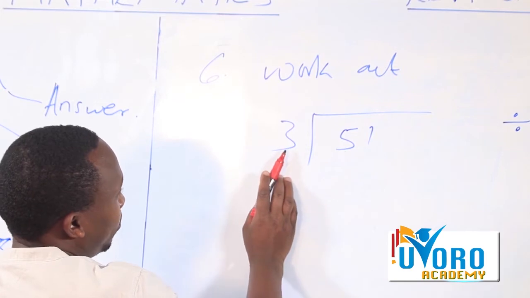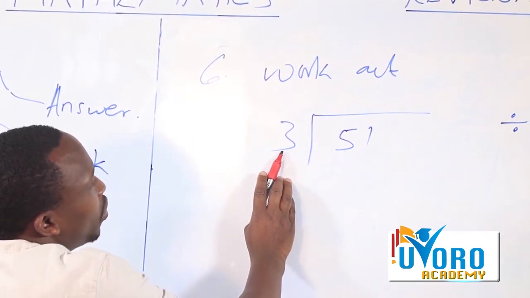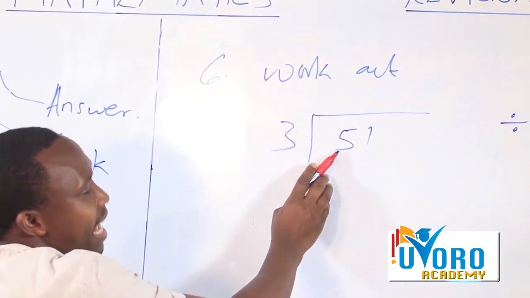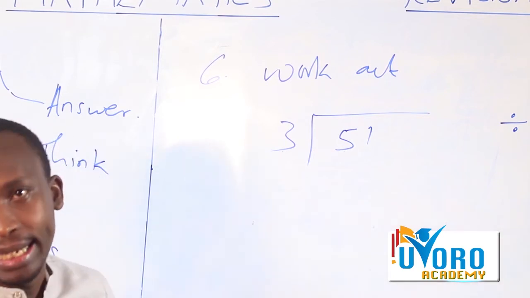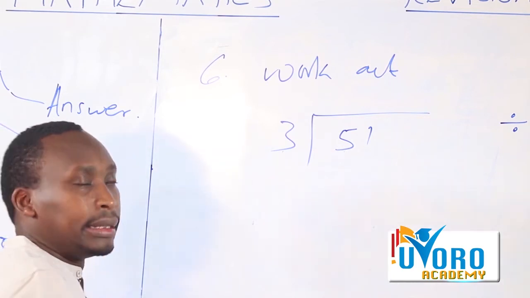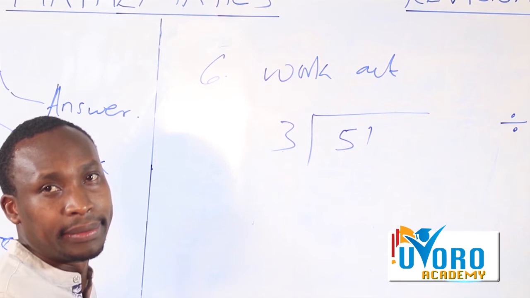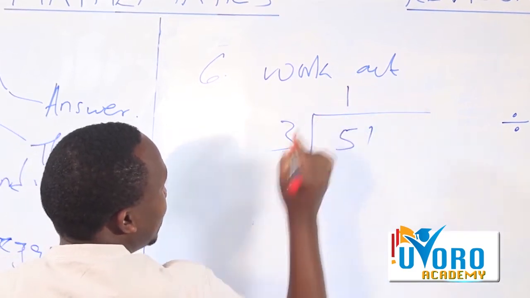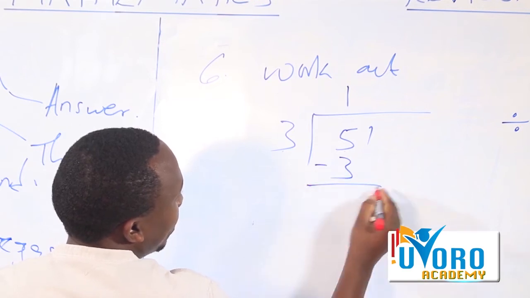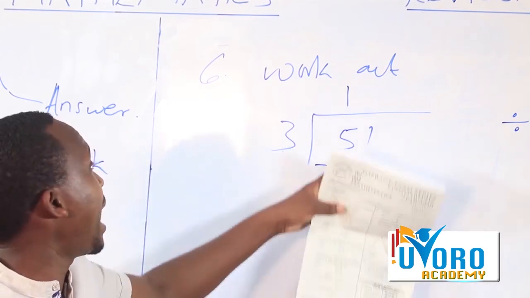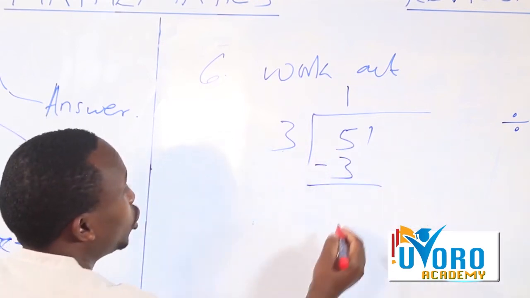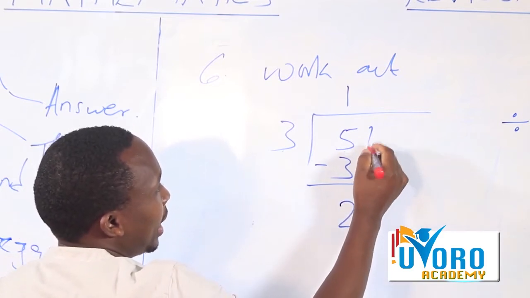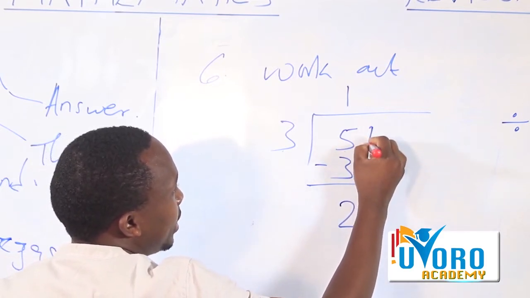Using the multiplication table, how many times will 3 go to 5 without a remainder? That is 1 because of 3. We subtract. 5 minus 3 is 2.